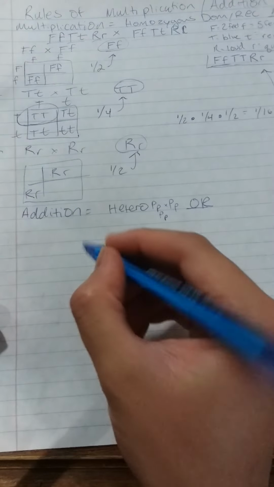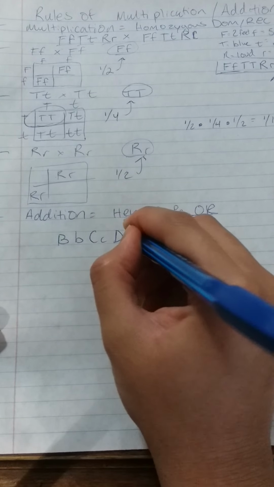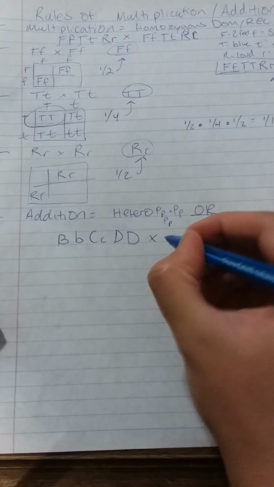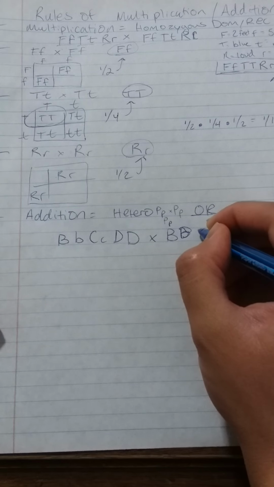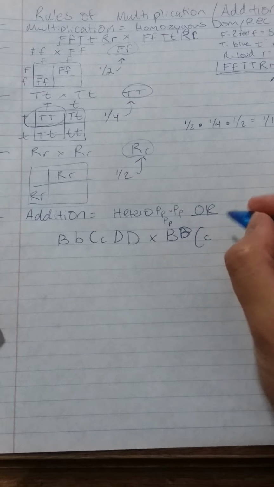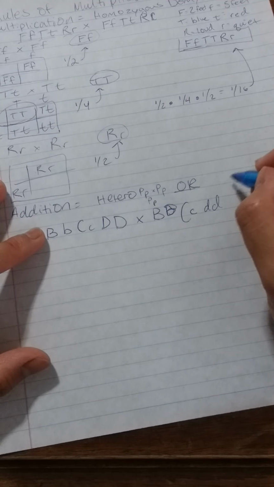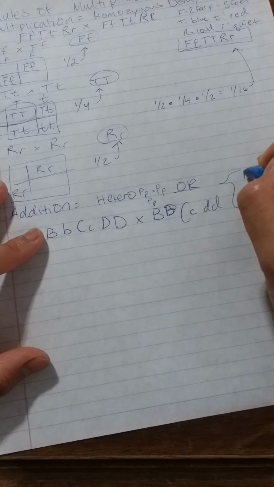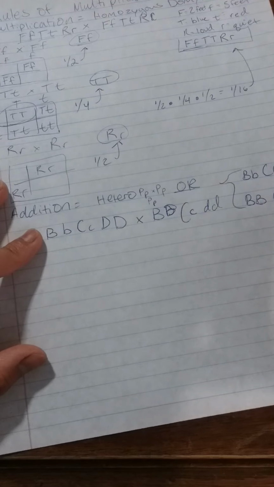Okay, so now we're going to look at our cross. We have BB Cc Dd times Bb Cc DD. And these are the two things we're looking for: either BB Cc DD, or, there's our "or," Bb Cc dd.